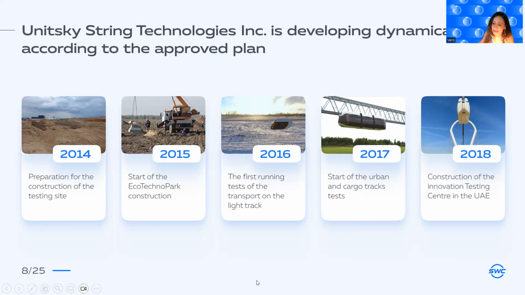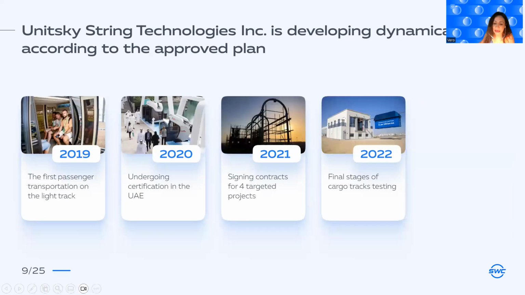In 2017, the start of the urban and cargo tests, and in 2018, the construction of the Innovation Testing Center in the United Arab Emirates. In 2019, the first passenger transportation on the light track.